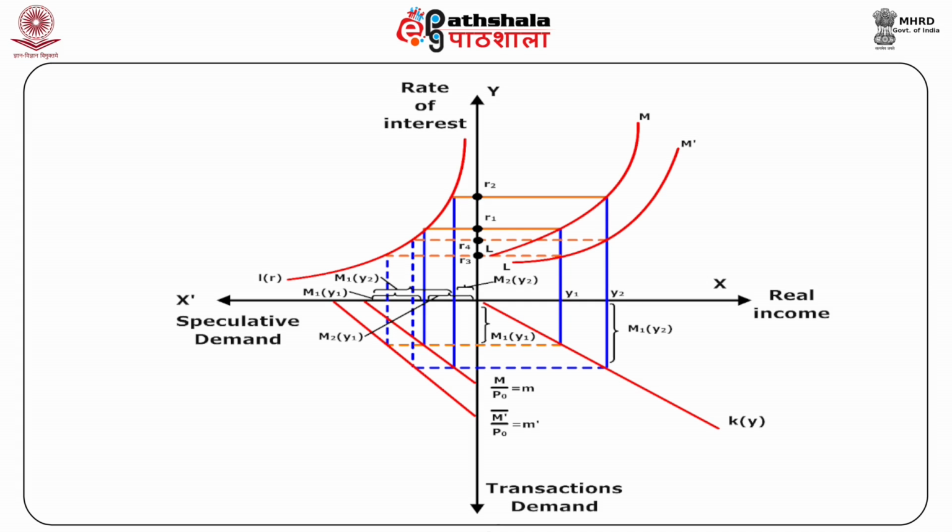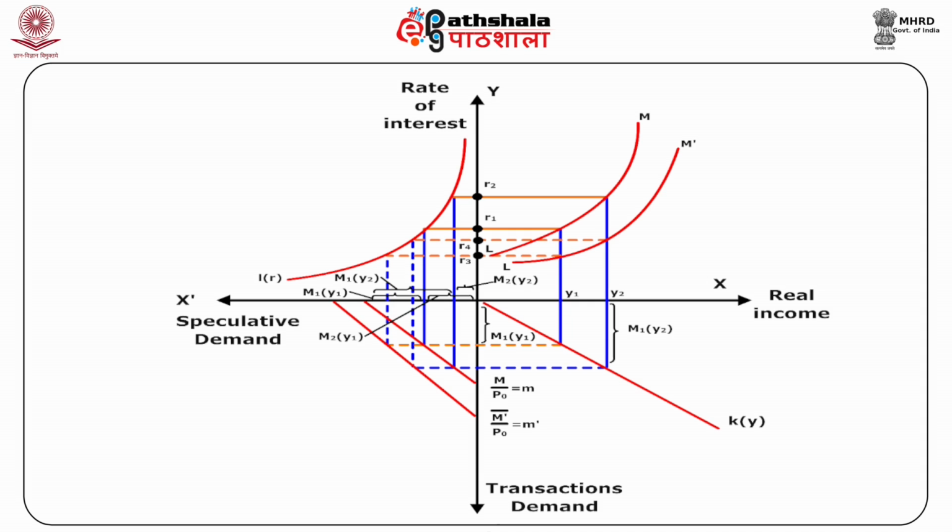If the rate of interest is less than desirable, then the M2 would be much greater. So, please understand that there is just one rate of interest which corresponds to M2, which exactly gives you the level of income Y2. So, therefore, there is only one rate of interest R2.